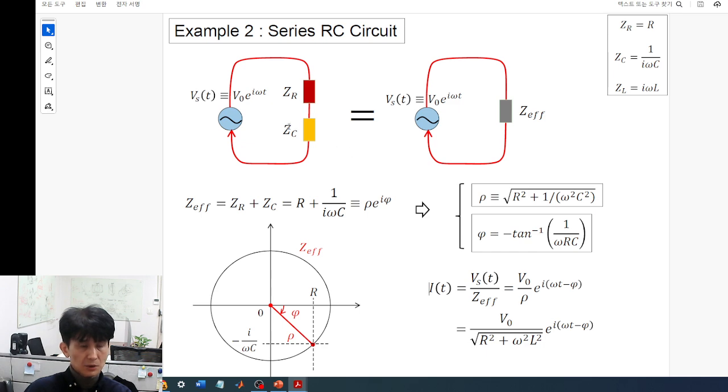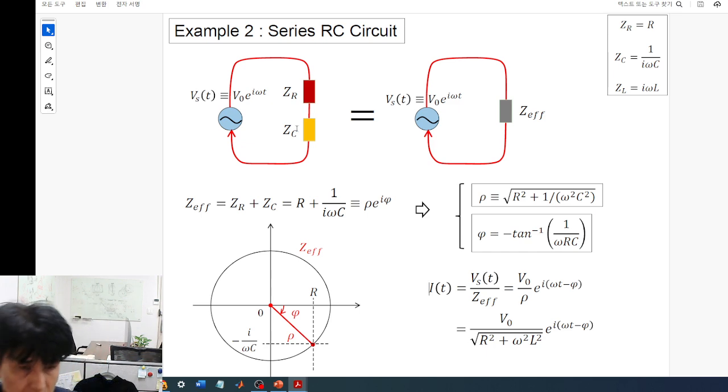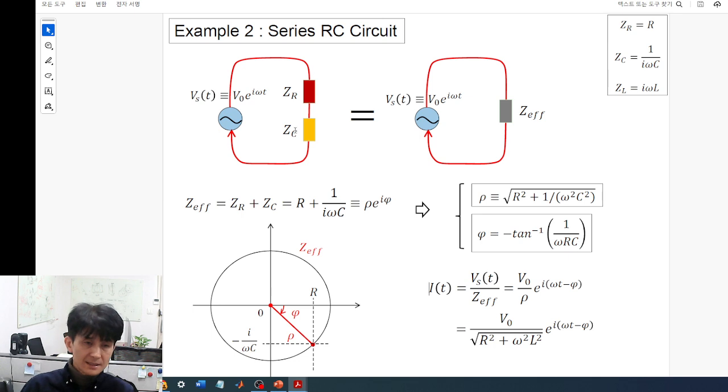The voltage across ZC is just ZC times the current. So this times current, we can calculate the voltage across the capacitor.